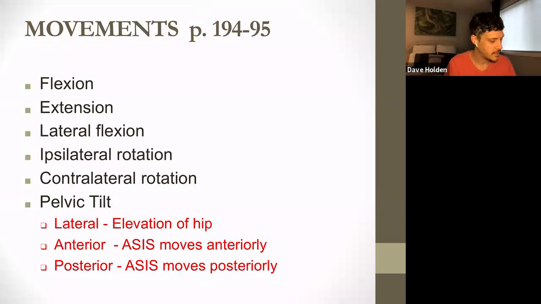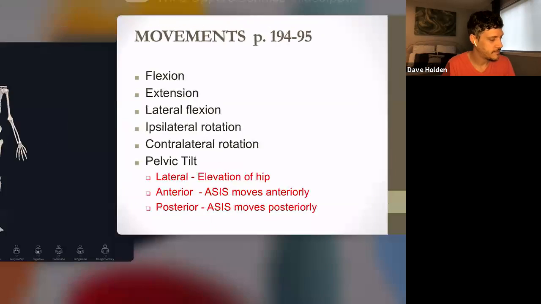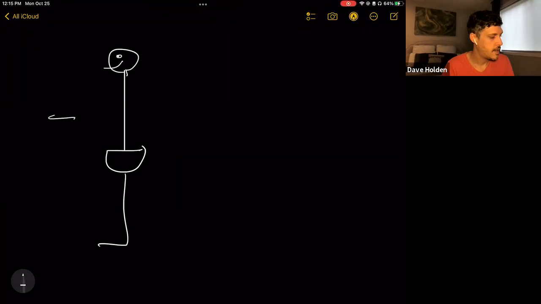Pelvic tilt. Ooh, this is always a really fun one. So there's a person and they're facing front, and notice the pelvis is like a bowl. And if this bowl was full of water, like to the brim, that water would not be spilling out.